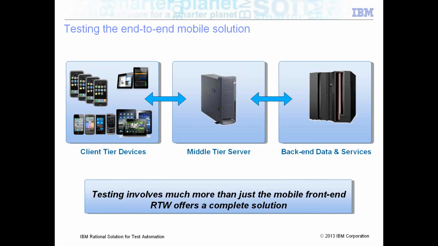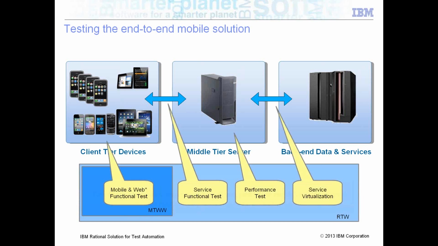So this is an end-to-end solution, right? I already talked about the different interactions with different kinds of systems in a typical mobile ecosystem, right? You have the client devices, you have servers, and you have backend databases or services. At any stage, when a request goes from a mobile to your server, you need to do some kind of testing.